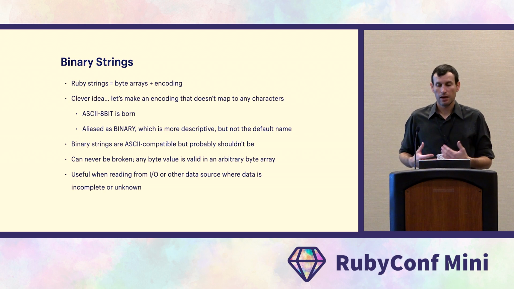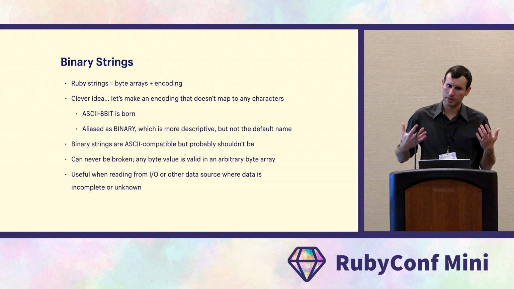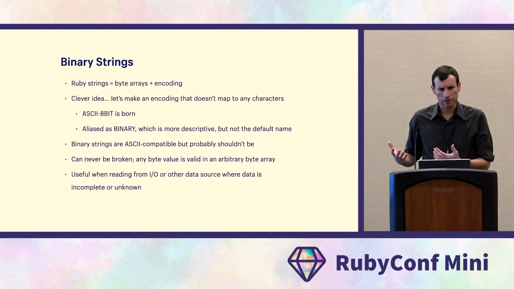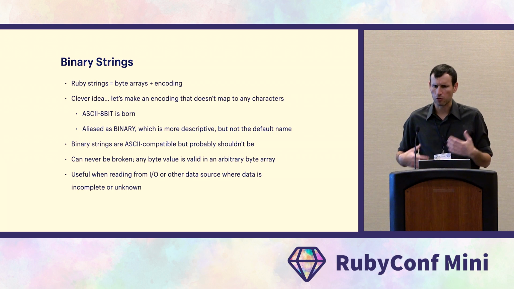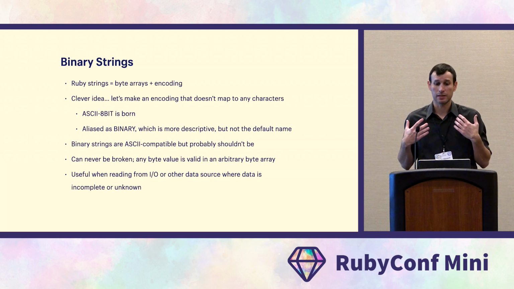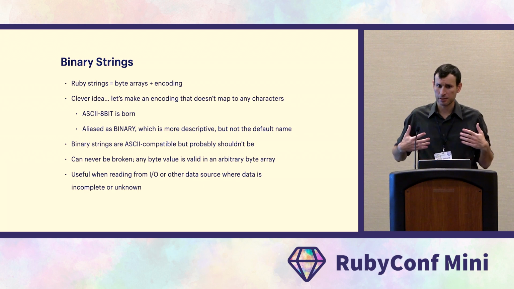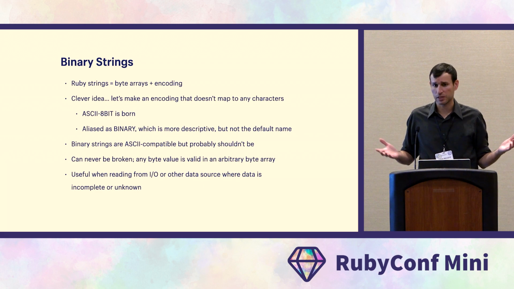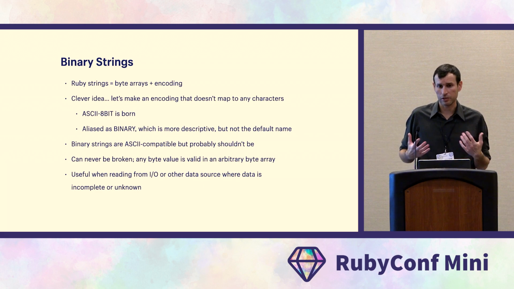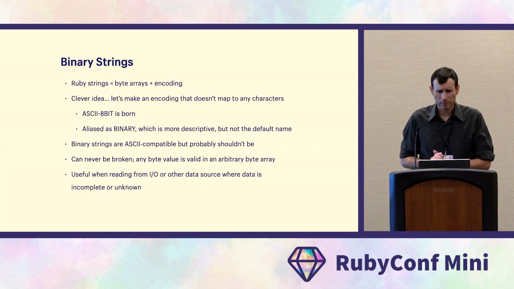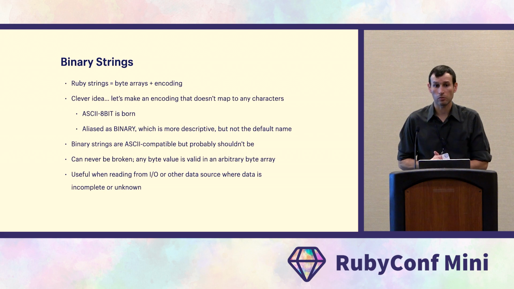Because this could be code that's existed for a long time, and now suddenly you have user-supplied input coming through a web form, or you're reading a file from someplace and you're seeing data you didn't previously expect. And all your tests might pass, the code might not have been touched for 6 months, but confusingly you have these errors now. Interestingly, binary strings by definition cannot be broken, so the valid_encoding? method will always return true in those cases.